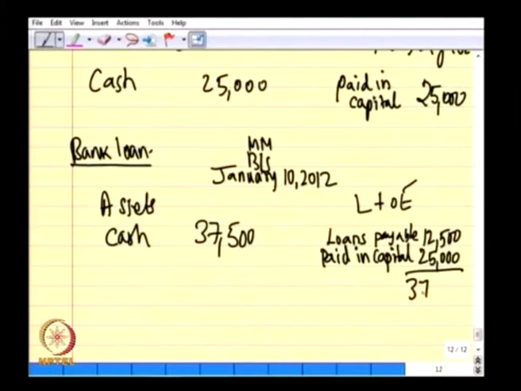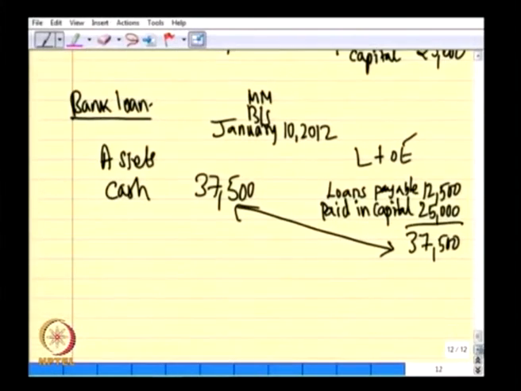So, total 37,500 equals. So, what is the balance sheet of this firm as on January 10, 2012? This is the balance sheet of the firm, a simple balance sheet, except that the first 10 days we had only 2 transactions, but still it qualifies to be a balance sheet.